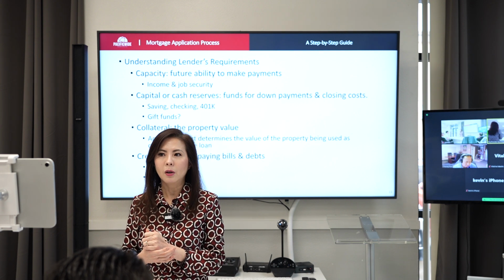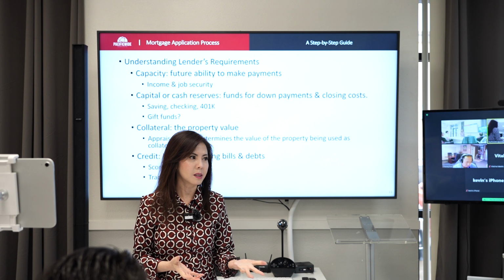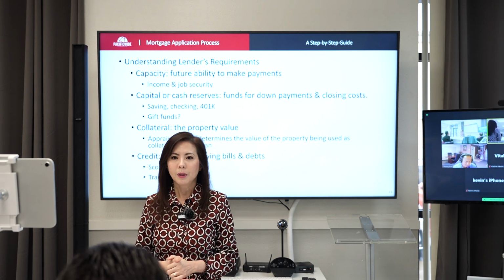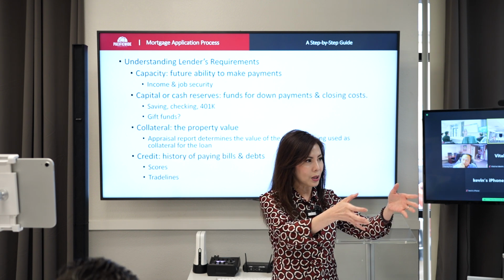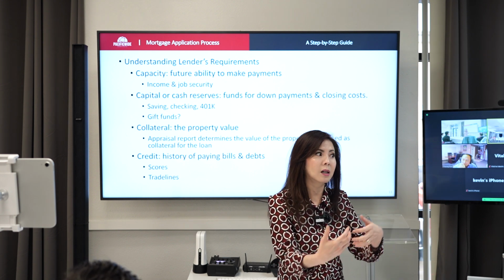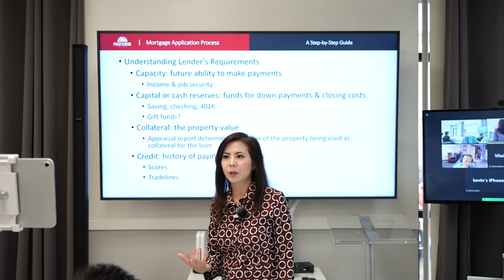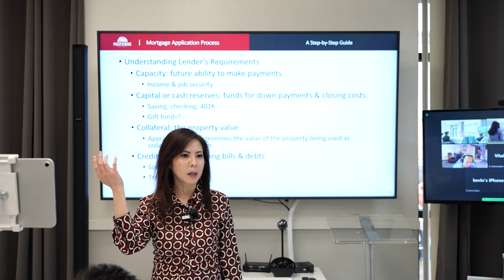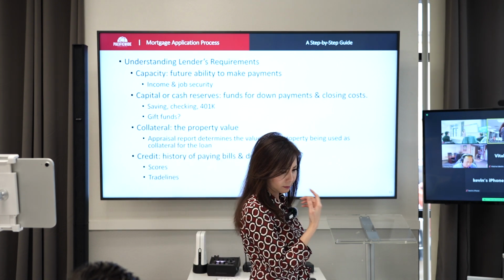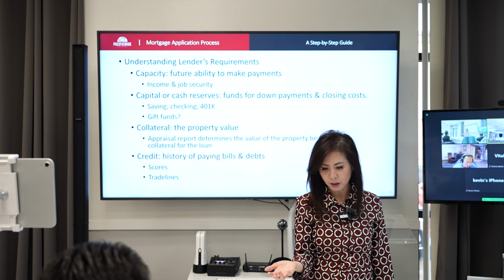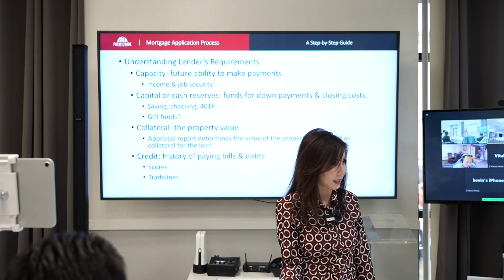The third C, collateral. The collateral is the property that we're purchasing or refinancing. Because when we apply for a mortgage, we use our property as collateral for the mortgage, right? So the lender wants to know, what is the property value? Because if you want to borrow a $1 million loan, the property value has to be a lot more than 1 million, right?